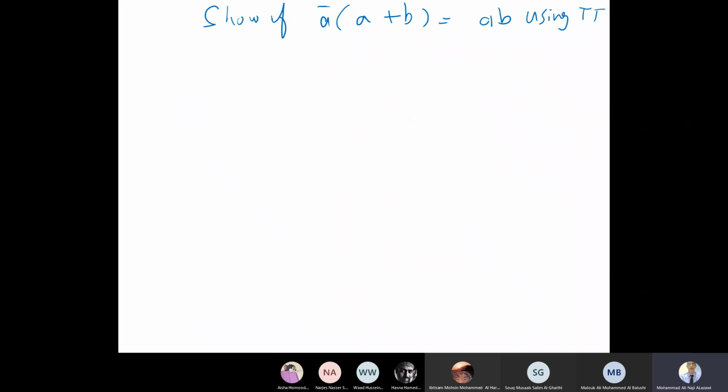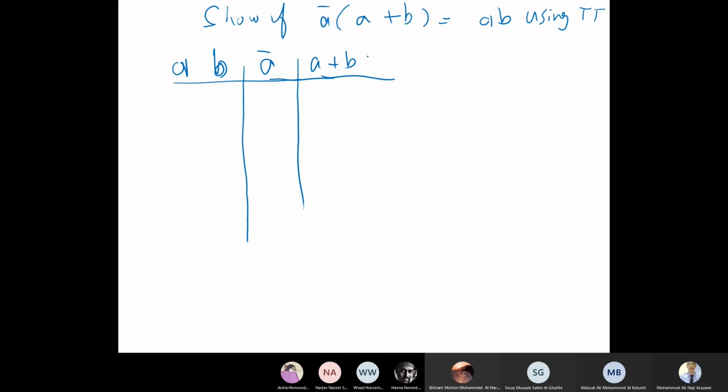Okay, what will we do? First, I have to create the truth table. How many variables do we have? A and B. Then I'll find A prime, then I'll find A plus B, then I will find A prime dot A plus B. This is the first equation.